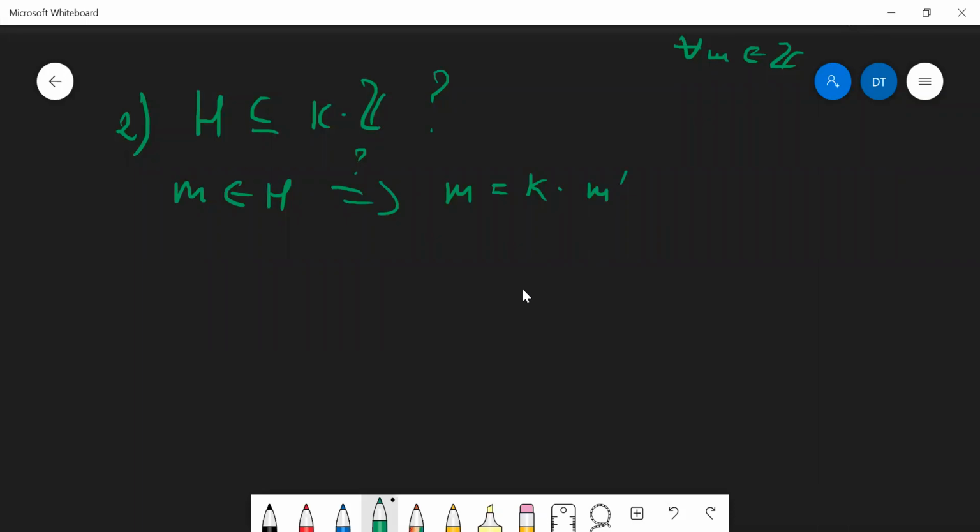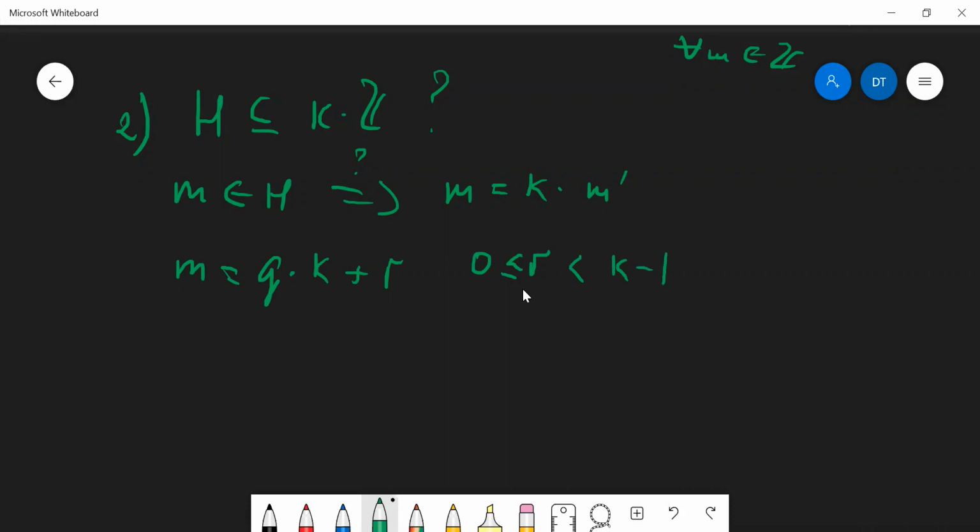Now, if we take an arbitrary integer M, at least we can divide M by K with a remainder. So we can write M is equal to Q times K plus R, where R is between 0 and k minus 1.